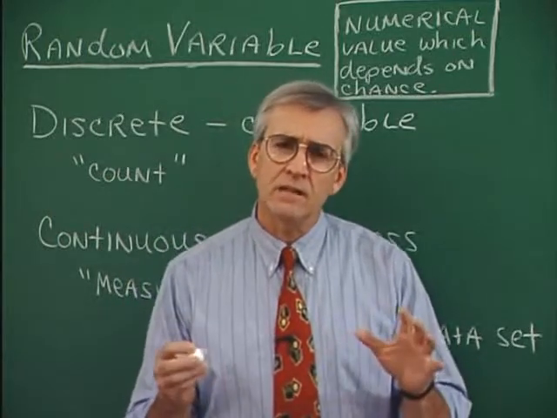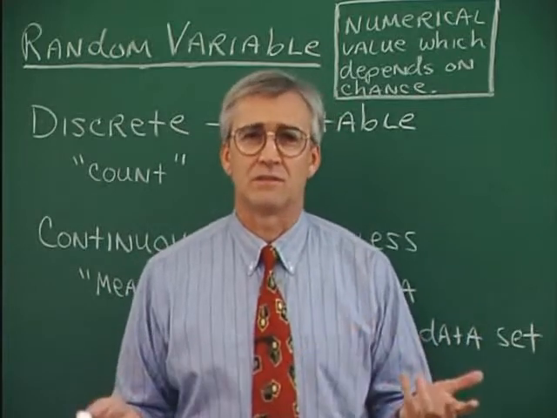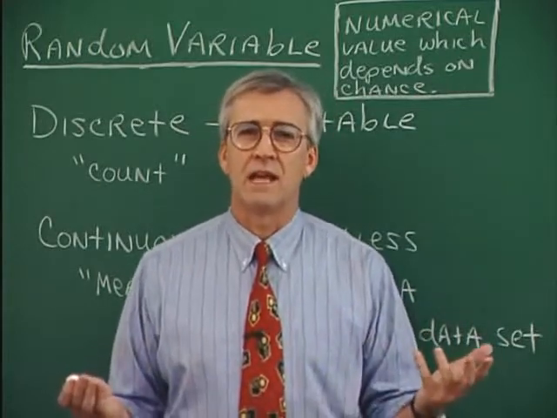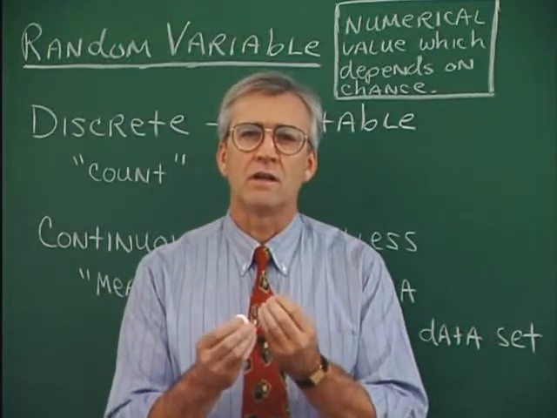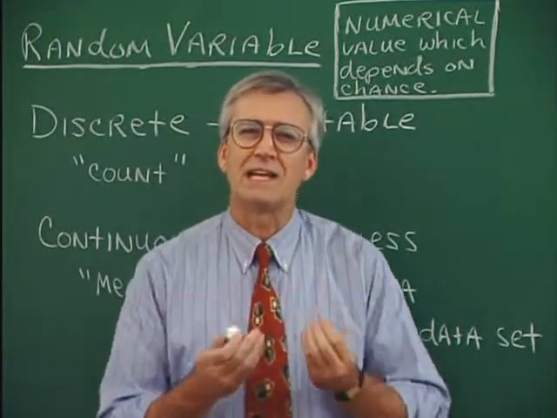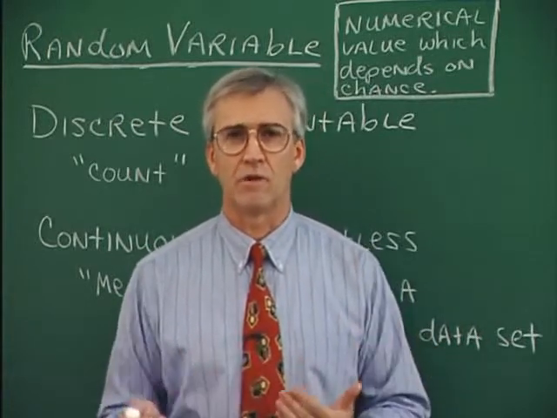Now, in statistics, we talk about randomness. We talk about chance. And so a lot of times variables take on the chance idea. And it's for that reason that variables are called random variables.